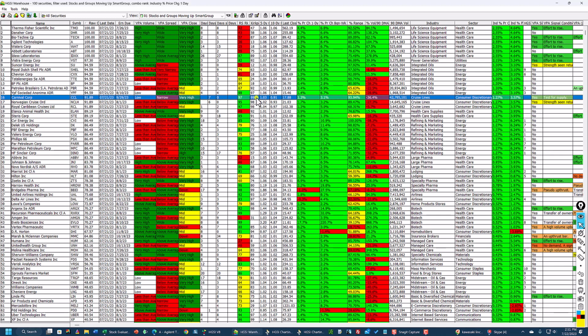It's got a 97 relative strength and a 99 Kirkpatrick relative strength that outperformed the S&P by 3% on Friday. Or I'm sorry, that's 5 days last week, but underperformed it by 9% over 10 days.